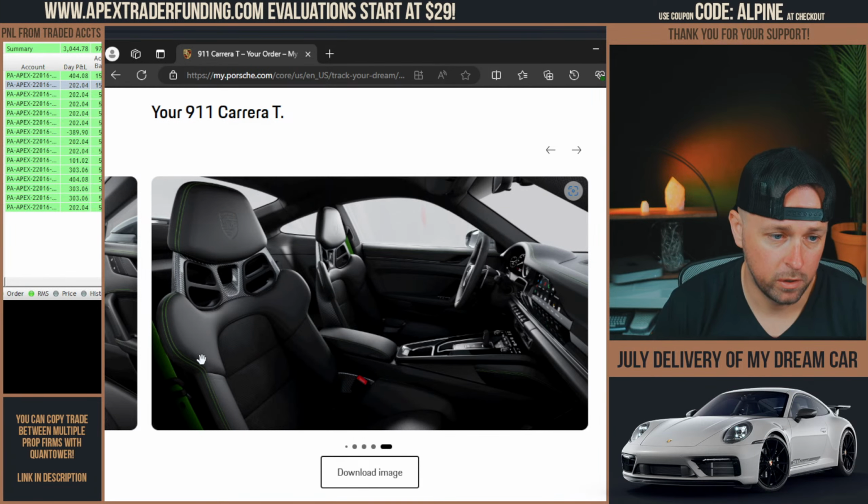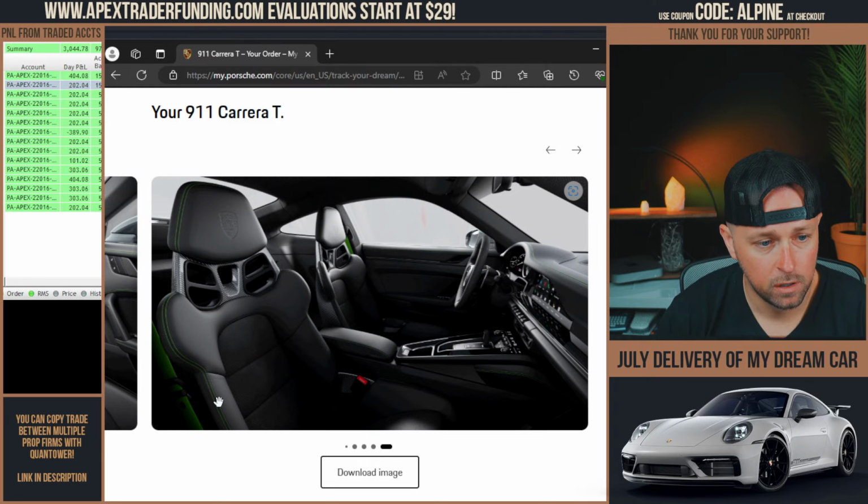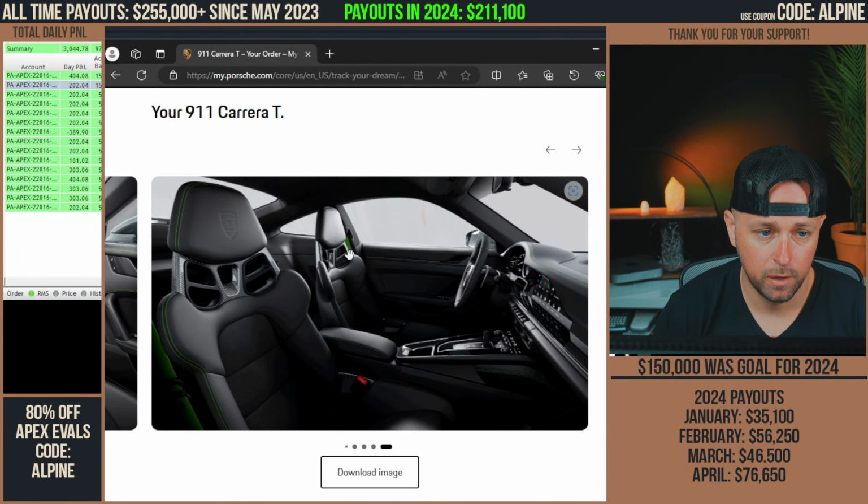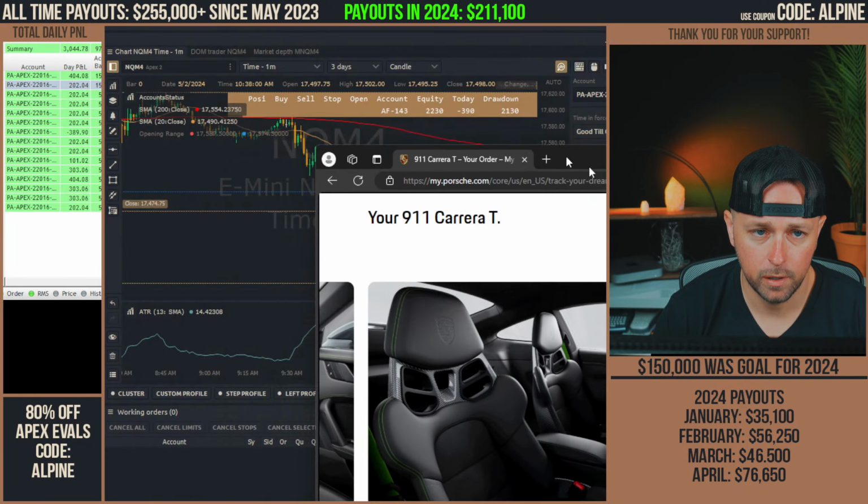I got the interior in green. It's going to be one of the most highly spec'd Carrera Ts. I went to a car show, it wasn't cars and coffee because it was at a brewery, so it was like cars and beer. But all the Carrera Ts are lightly spec'd.